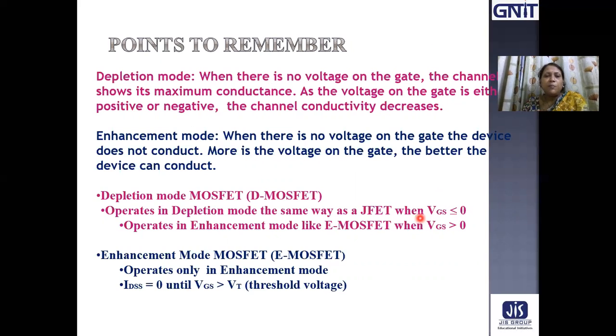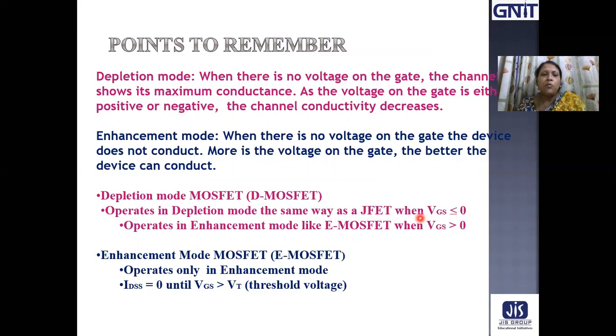So, in depletion mode, when there is no voltage on the gate, the channel shows maximum conductance. As the voltage on the gate is either positive or negative, the channel conductivity decreases. But for enhancement mode, when there is no voltage on the gate, the device does not conduct. The more the voltage on the gate, the better the device can conduct.